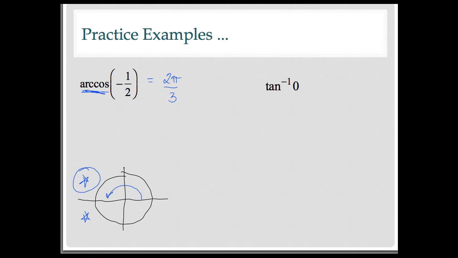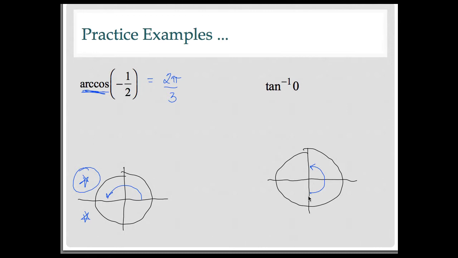All right, how about inverse tangent of 0? Well, this is probably going to be a quadrantal one because tangent is 0. But think about where the restricted range is for the inverse tangent function. It has to go from negative pi over 2 up to pi over 2.